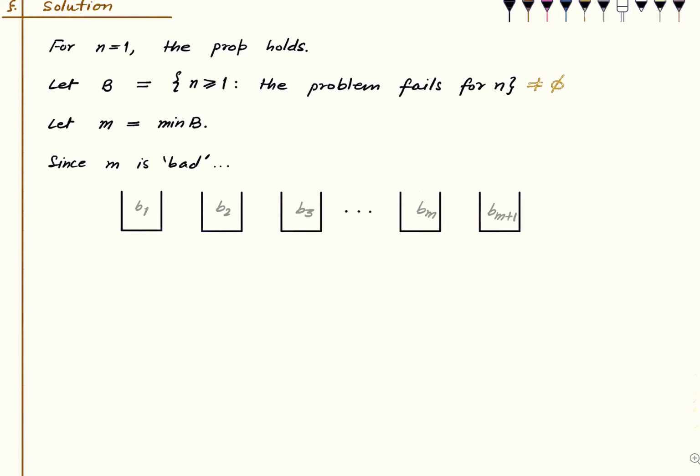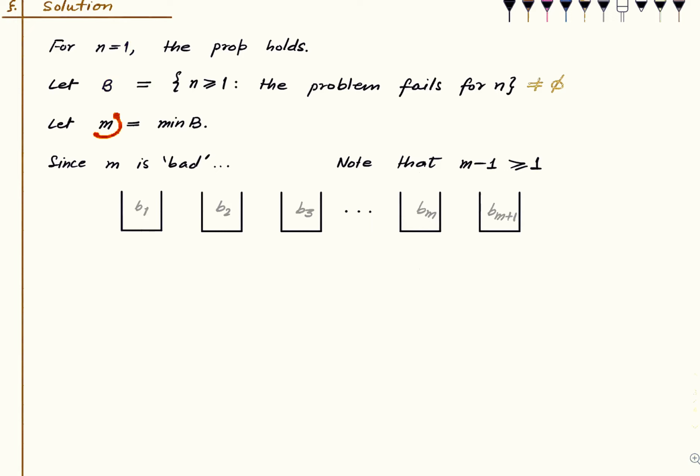Okay, so here is the point. Note that M minus 1, first of all, is a natural number. Why? Because 1 is a good natural number. So 1 is not here. 1 does not lie in the bad natural numbers.